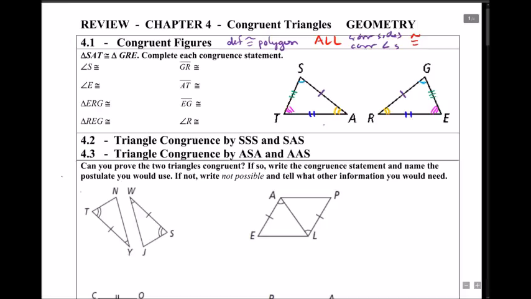So now let's look at our angles. So who is angle S congruent to? Well, we could simply use our congruent statement, or we can look at our triangles. We know that angle S and angle G are in the same position, and segment GR, let's go find segment GR.